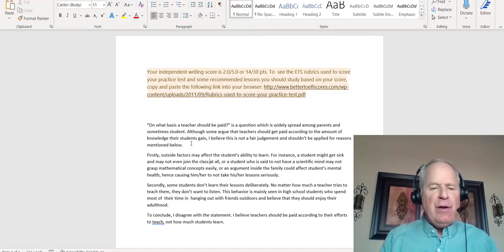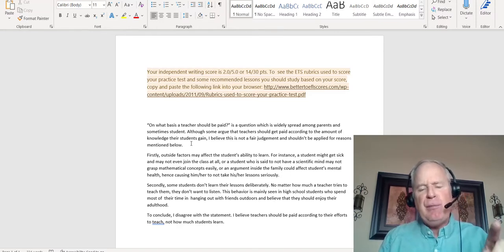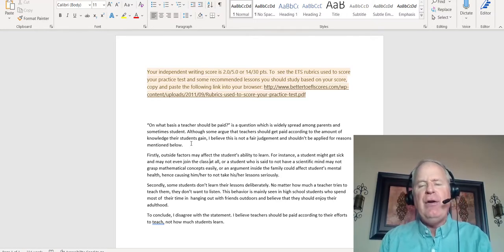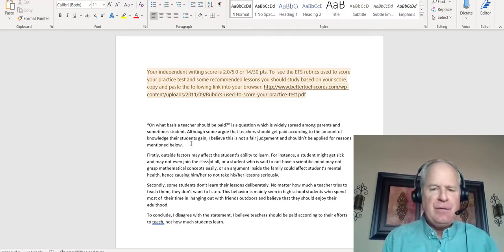So you might say, firstly, students have varying cognitive skills, which may affect their ability to learn, so teachers shouldn't be paid based on what students learn. And then for that paragraph, you talk about how students have different intellectual abilities and how teachers shouldn't be judged harshly because of that, right? Another paragraph, you might focus on the mental health of the student and how that might affect how they learn on a certain day, right?